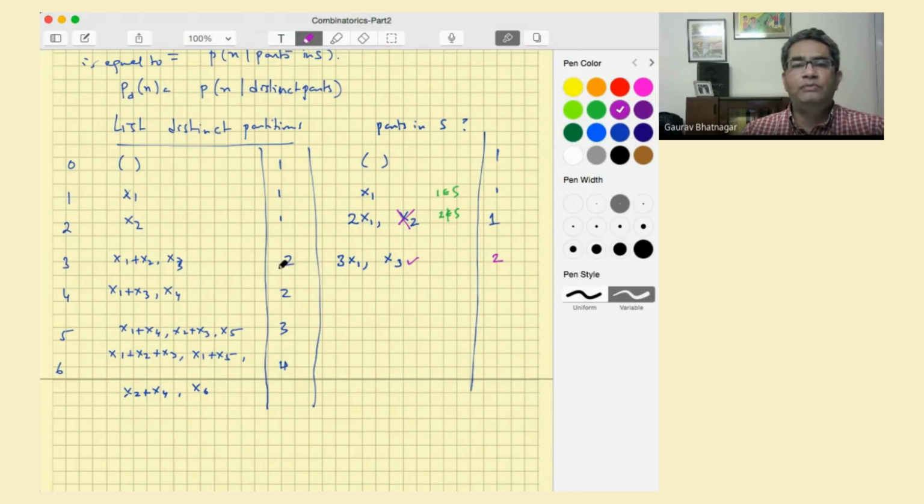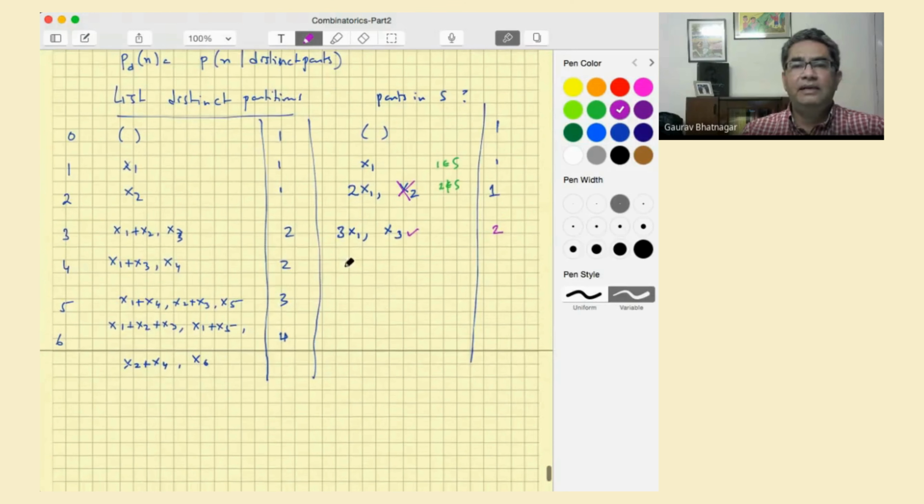So these two match the distinct. Again, I keep going on. I have to have 4x1. I have to have x1 plus x3. Can I have x5? Answer is no, because otherwise I'll have three partitions. And I just have two. So I have to cancel this one.